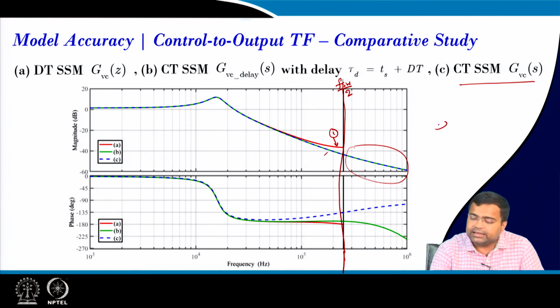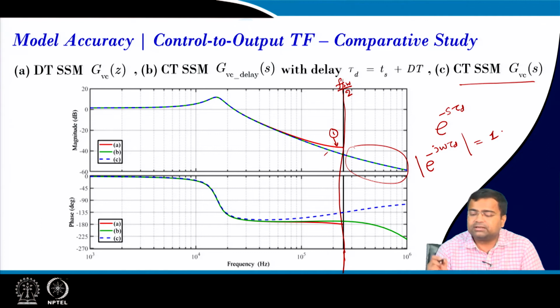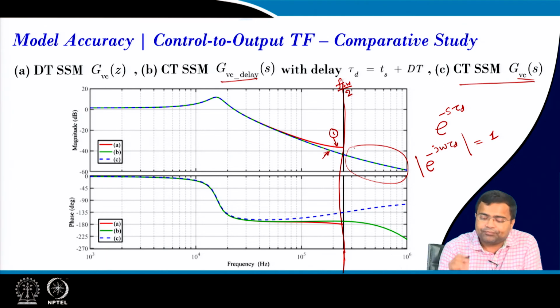Since e to the power minus j omega tau d has magnitude 1, with and without delay the gain should be identical, because delay does not alter the gain, that is why they are overlapping. But you can see the effect in the phase.